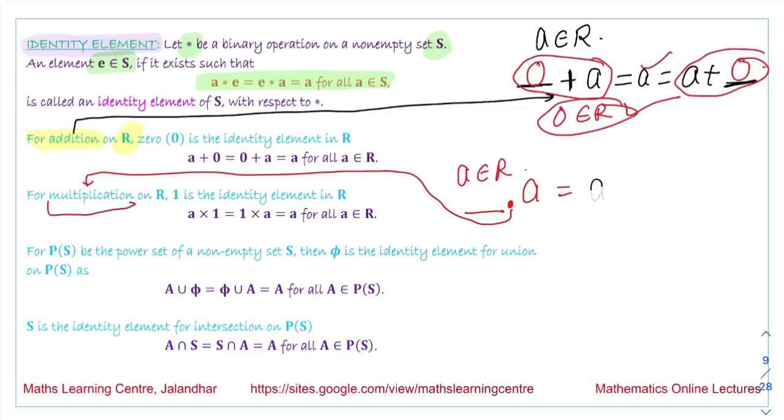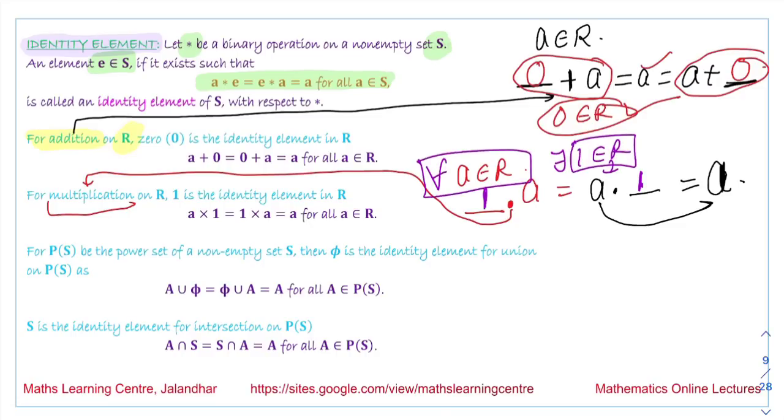The answer we want should be equal to A into dash, that should be equal to the same element A. It should give us the same element A. So in this case the answer is the number 1. We are saying there exists 1 belongs to R for which this holds for all A belongs to R. So 1 is the identity element in R.